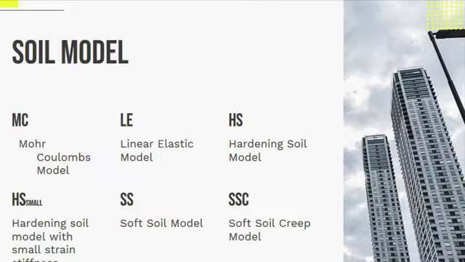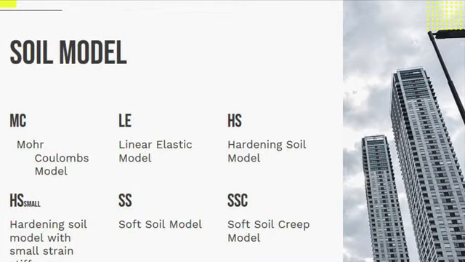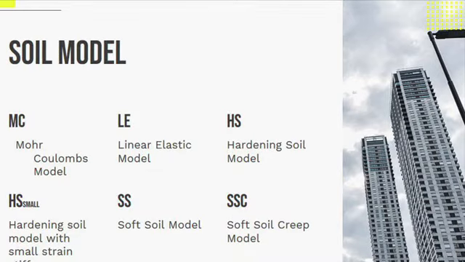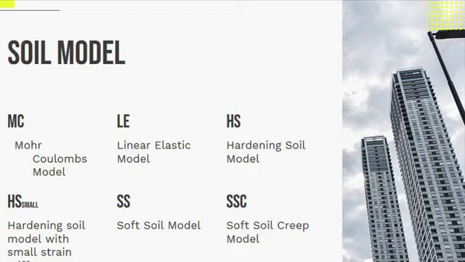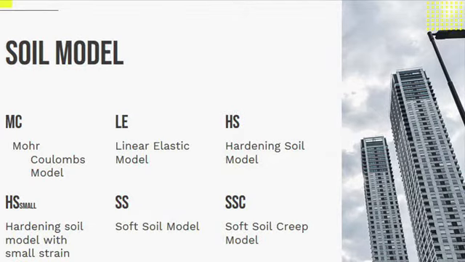The next one is the LE model, the linear elastic model, based on Hooke's law of isotropic elasticity. It involves two basic elastic parameters, which are Young's modulus and Poisson's ratio. And the next one is the hardening soil model, HS model, which is an advanced model for the simulation of soil behavior, which is suitable for all soils.